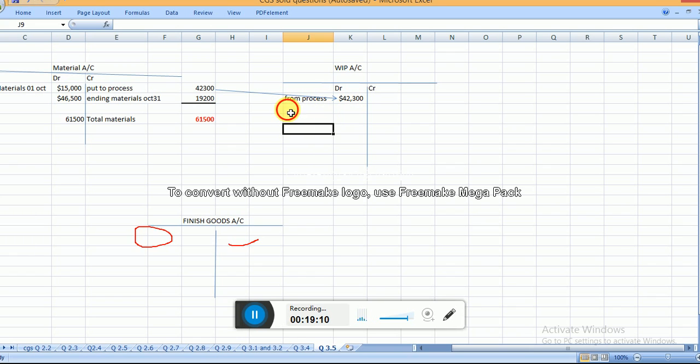So yes, we have. So opening work in process, beginning work in process, opening work in process. Means on October 1st, we have, yes, we have.